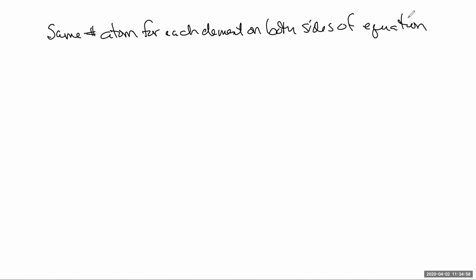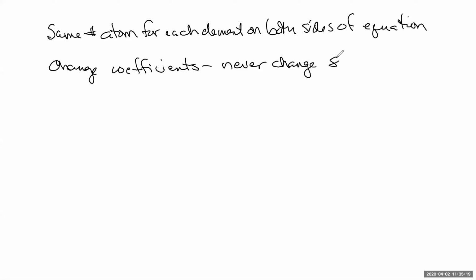I'm going to show you the process that's called balancing by inspection. We're just going to look and count how many atoms of different elements are on each side and correct it. When you're changing how many things you are putting on each side, what we're going to do is change coefficients. Never change the subscripts. I'll show you what I mean by that.